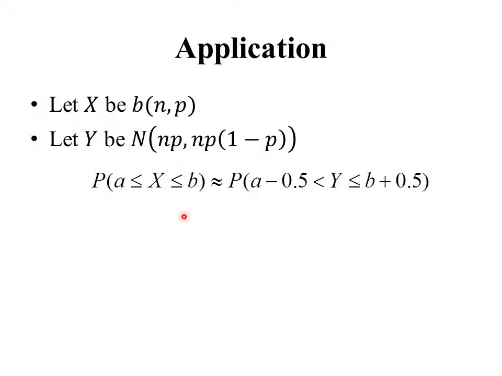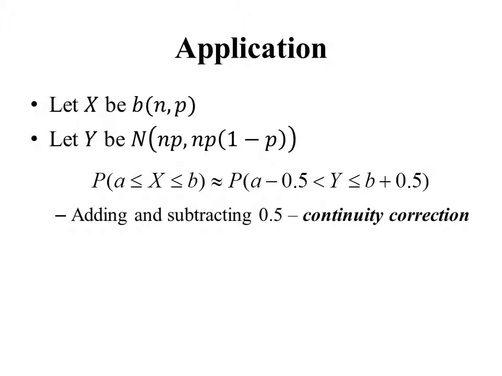Then the probability that X is between a and b is approximately equal to the probability that Y is between a minus a half and b plus a half. The justification for why we add and subtract a half is given graphically in the book, but this idea is what we call a continuity correction.